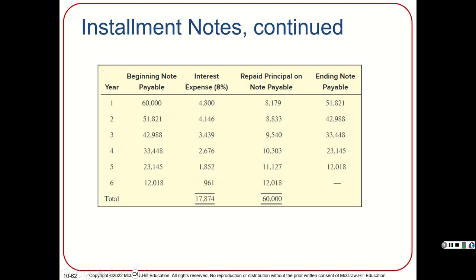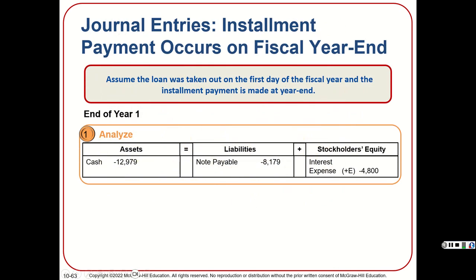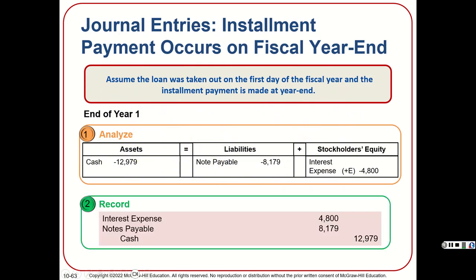And then your principal, your beginning note, your interest expense, and this is how much is paid in principal during the year. So the first year, we have interest expense, and we're taking down our note by the 8,000.